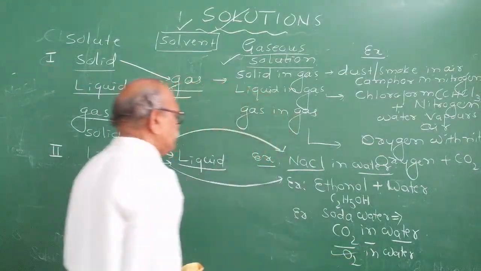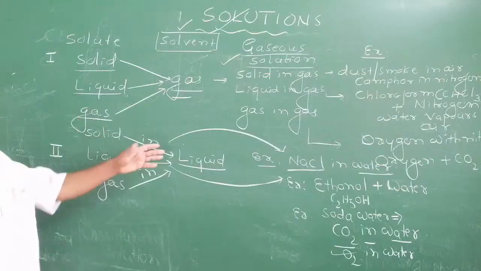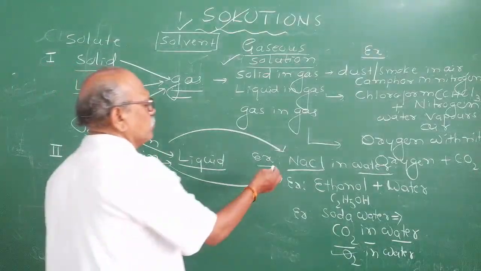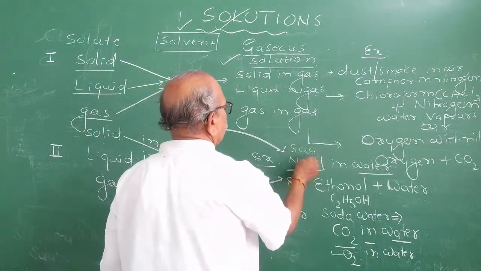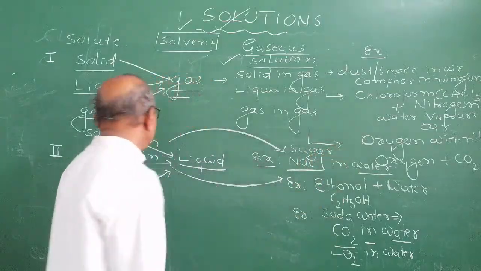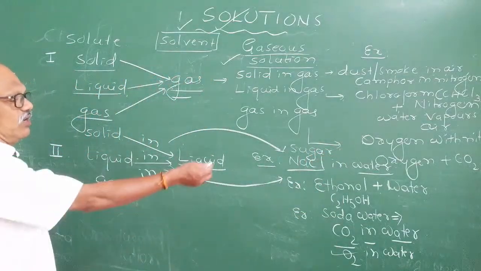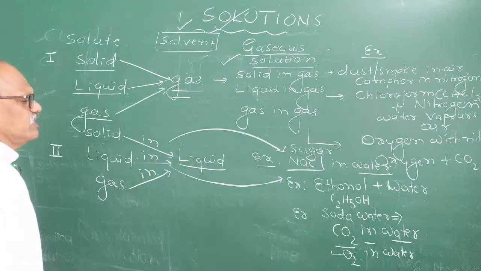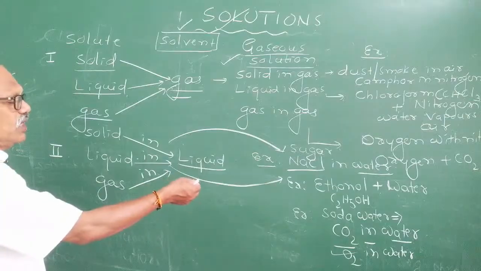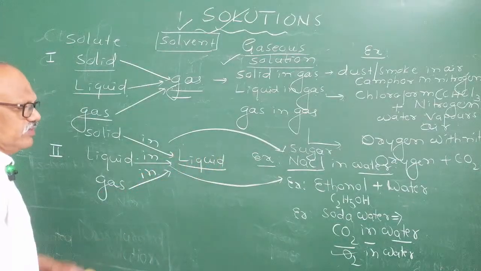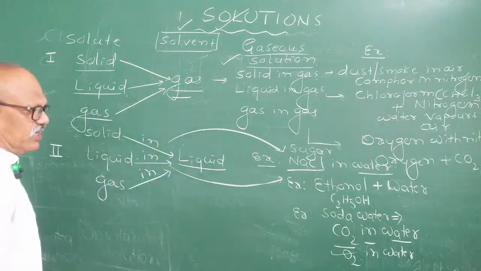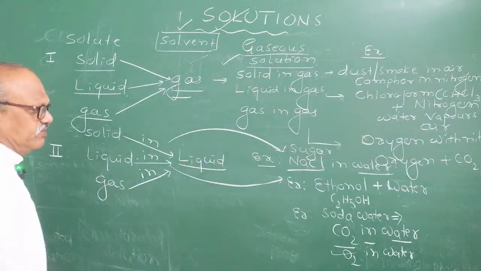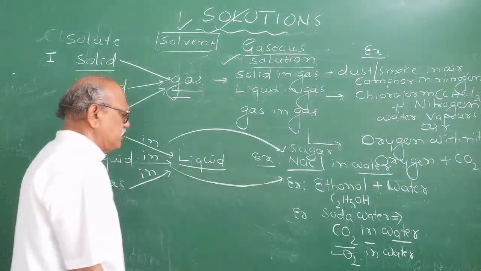This is the second classification. Solid in liquid, you can take sodium chloride or sugar in water. Liquid in liquid, you can take ethanol in water. Right? So many solvents are soluble in water. Hydrochloric acid in water, dilute. Sulfuric acid in water, dilute sulfuric acid is a mixture of water and sulfuric acid.